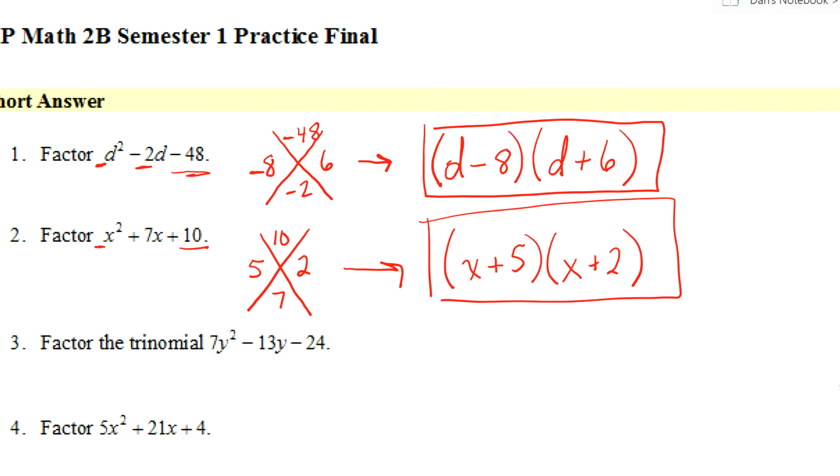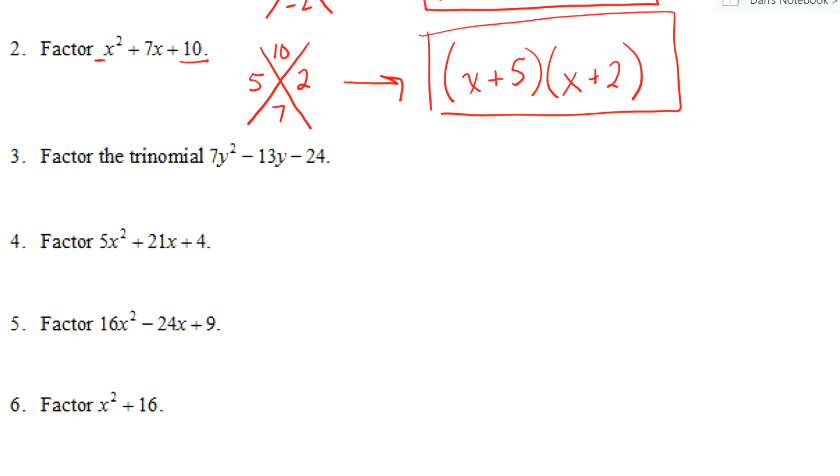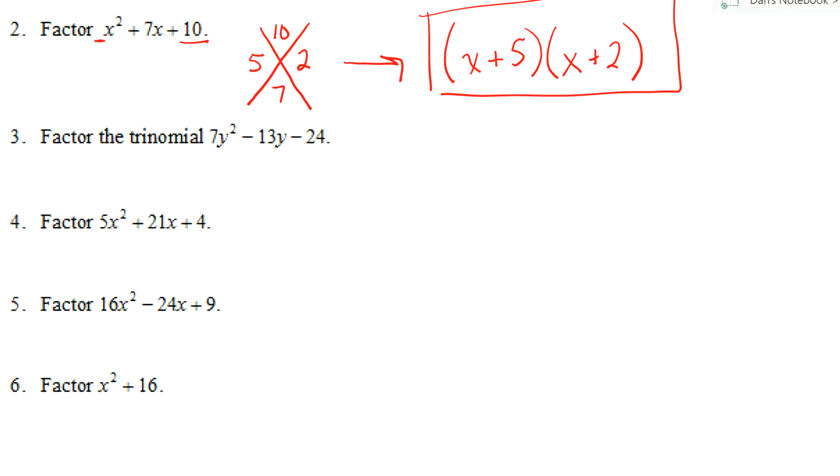Number 3. Now we are going to have a little bit of issues here. We're going to want to use our area model, probably. So I'm going to start an area model here. I'm going to put 7y squared here, negative 24 here.